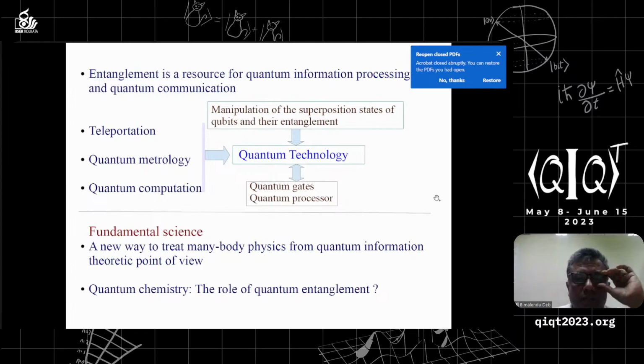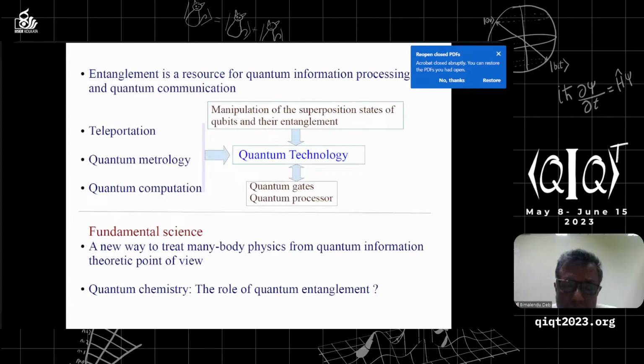It is basically to manipulate the superposition states of qubits and their entanglement that leads to what is called quantum gates. And when one integrates many gates and does information processing, then we have quantum computing.